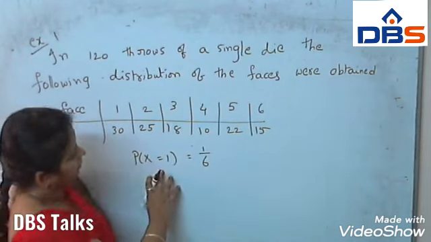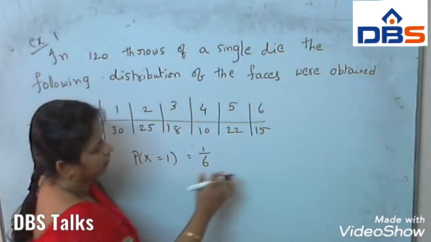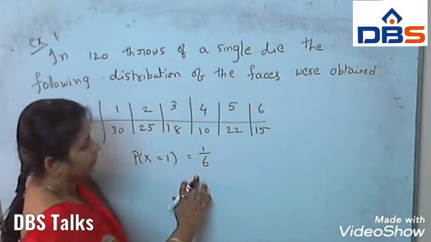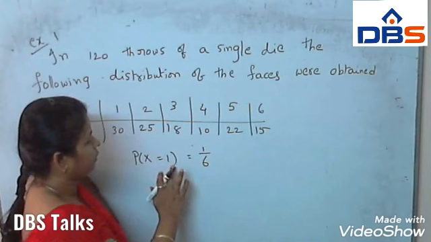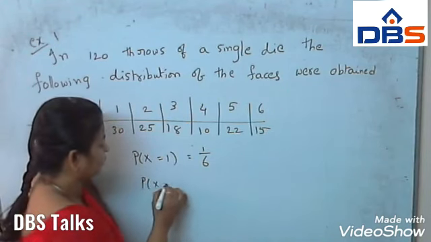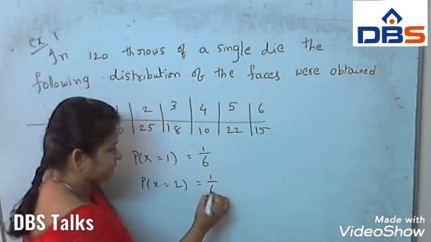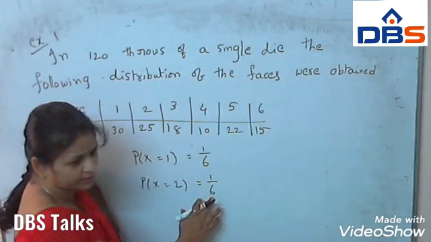If a die is thrown, there are 6 cases, and only one face has 1. So the probability of getting 1 is 1 by 6.